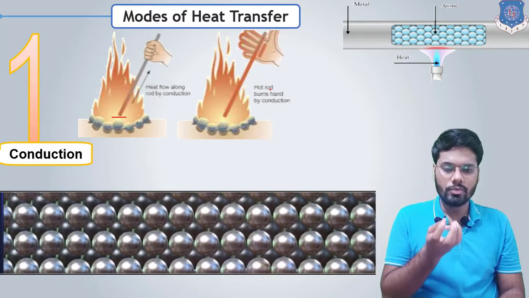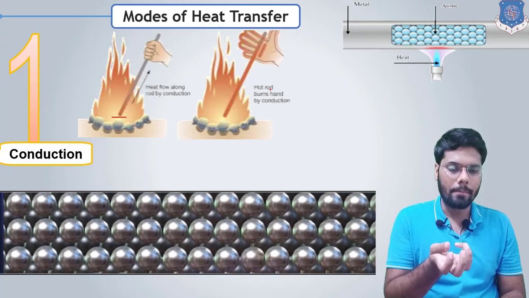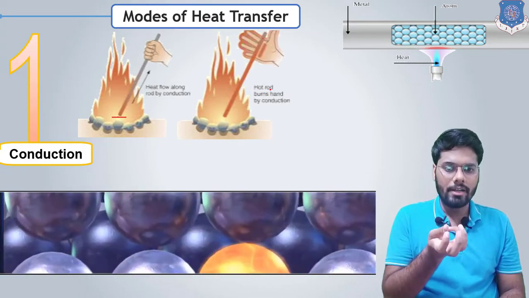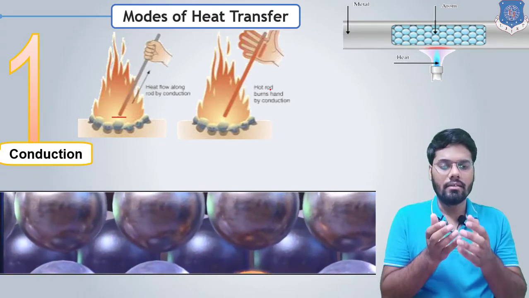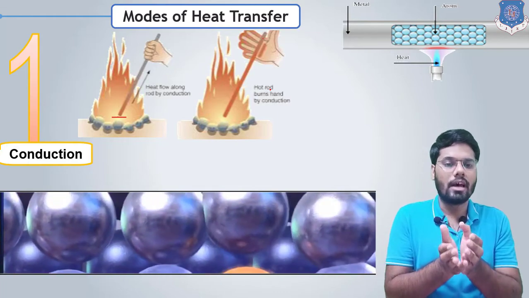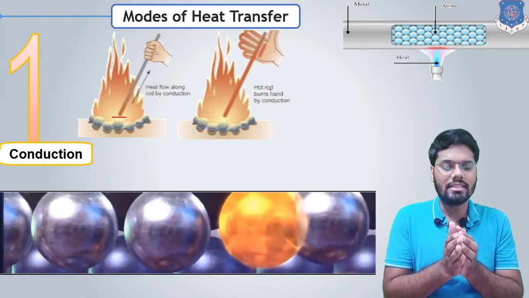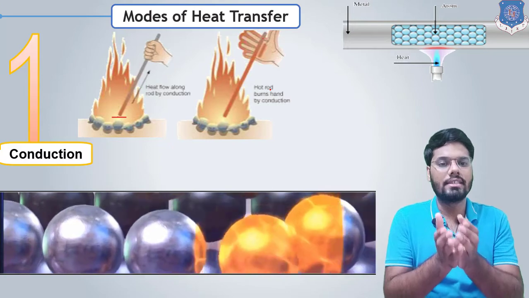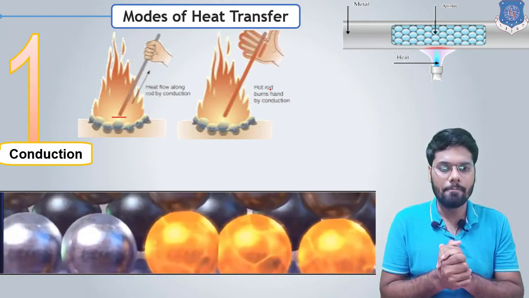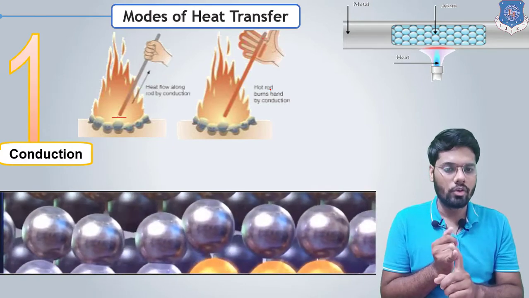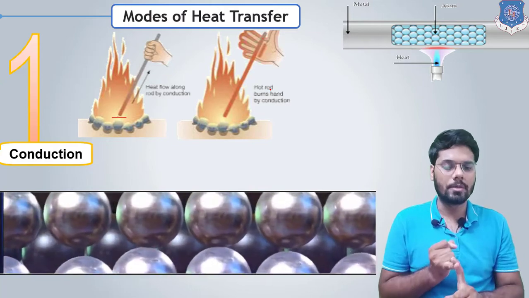The atom which gets heat from the outside will vibrate more, and the energy which it gets from the outside, it gives to the adjacent less energetic particle. So this is one phenomenon which is responsible for heat transfer.